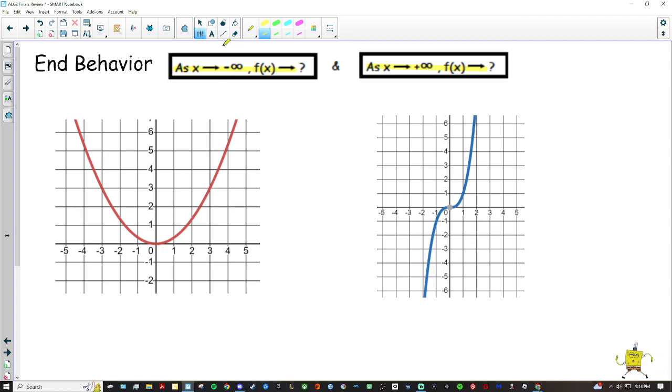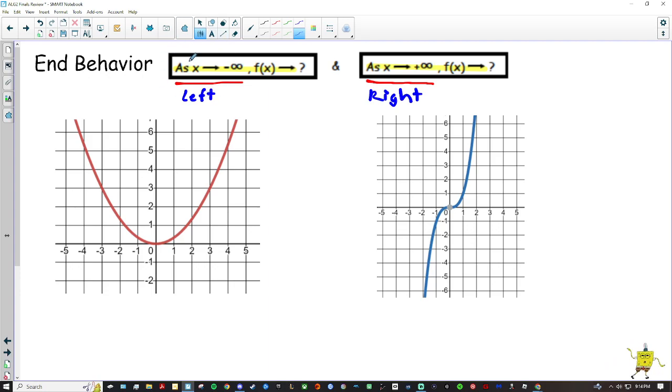Remember, the first part of both of these, as x approaches negative infinity, as x approaches positive infinity, just means left or right. We're describing the side we are looking at.